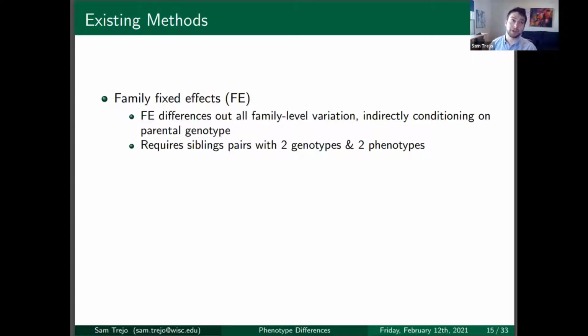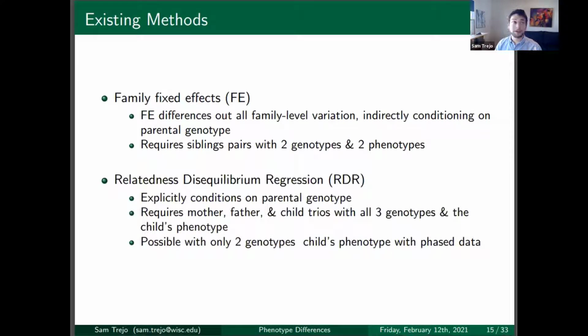So this requires sibling pairs: two genotypes and two phenotypes. The other is RDR, relatedness disequilibrium regression, or related methods that condition explicitly on parental genotype. This requires trios like mother, father, child, so you need three genotypes and one phenotype. Or if you have phase data, you can do it with just two genotypes and one phenotype.